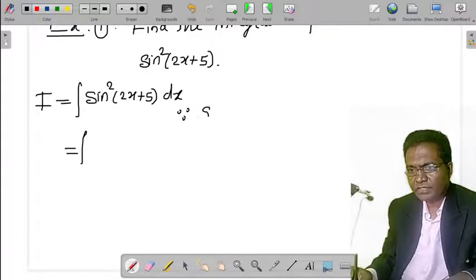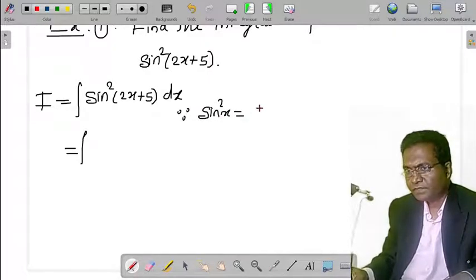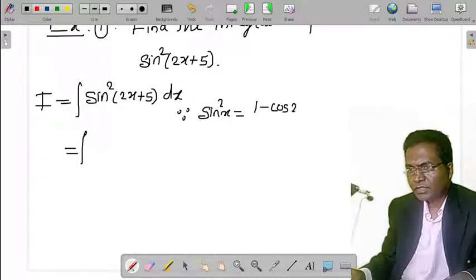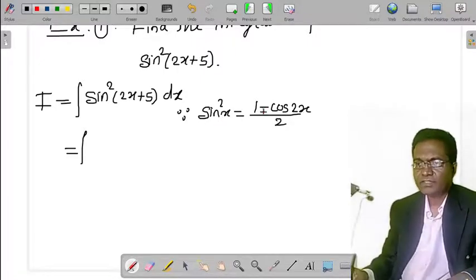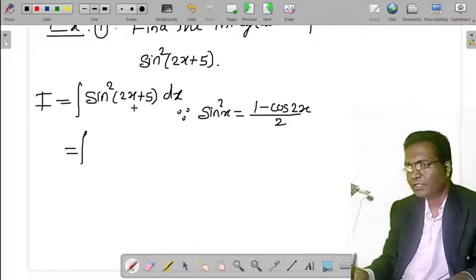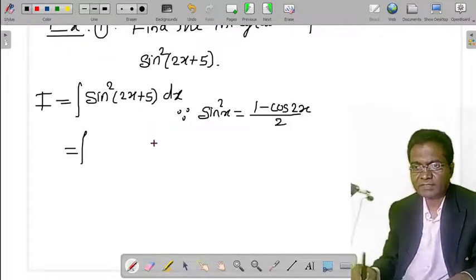As I mentioned earlier, sine square x is 1 minus cos 2x by 2, that we discussed on the last page.